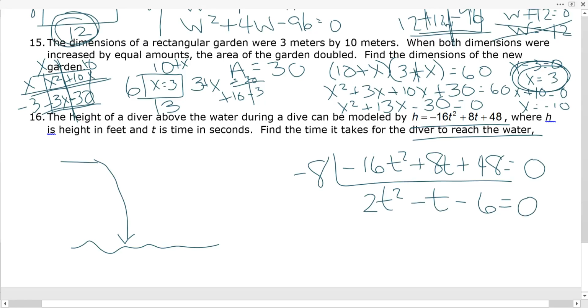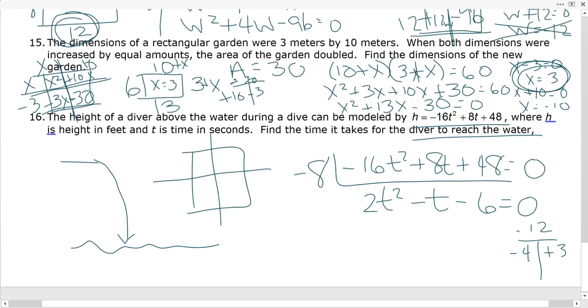So my sum is negative 1. My product is negative 12. 4 times 3, so it's going to be negative 4, positive 3. So I have 2t squared and negative 6 and negative 4t and positive 3t.